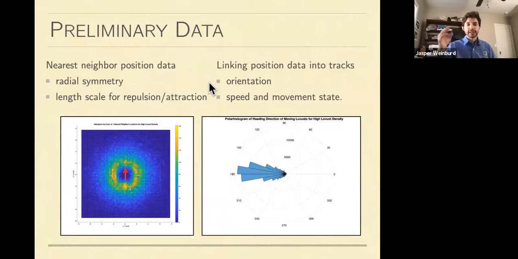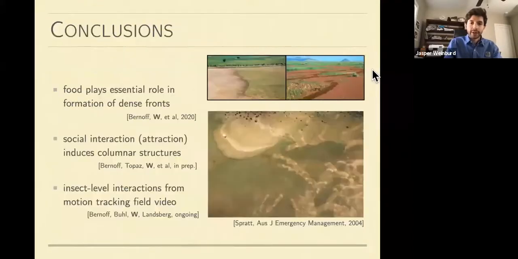So for instance, we'll use this trajectory data to look at when all the locusts go from moving to stationary, look at each of those time steps and look at who's nearby, right? So we can pull out this nearest neighbor information for particular movement states and look for certain correlations which might hint to, okay, this locust is stopping because it doesn't want to run into its neighbor or something like this. So this is still very much ongoing work.